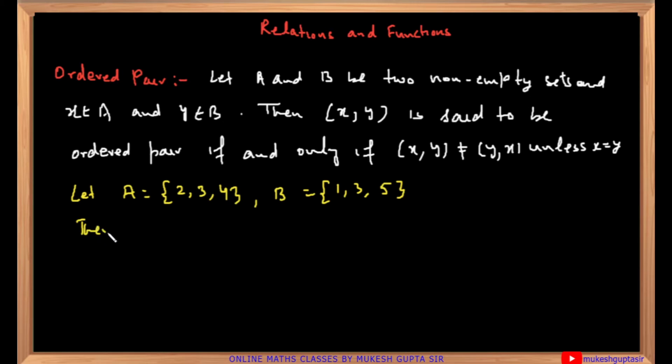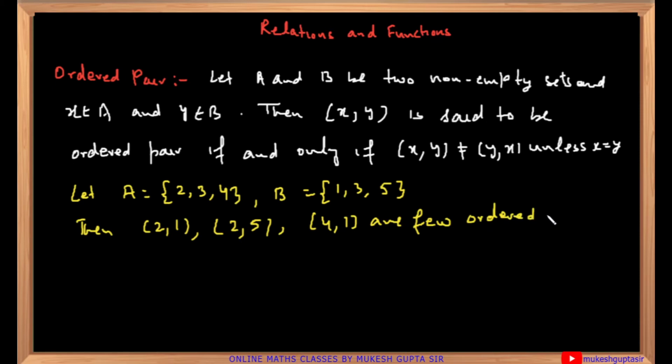Then (2, 1), (2, 5), (4, 1) are a few ordered pairs. There will be many more, but I have written a few. Here (2, 1) will be different from (1, 2).